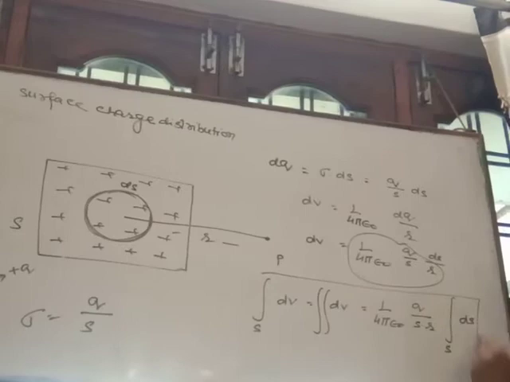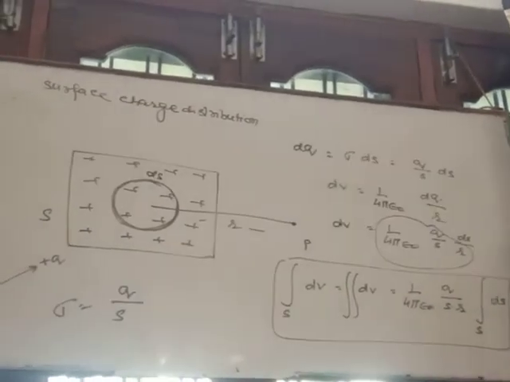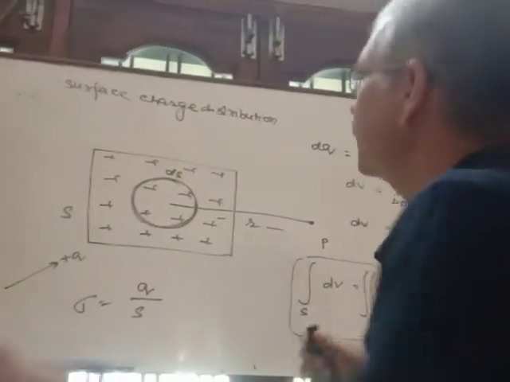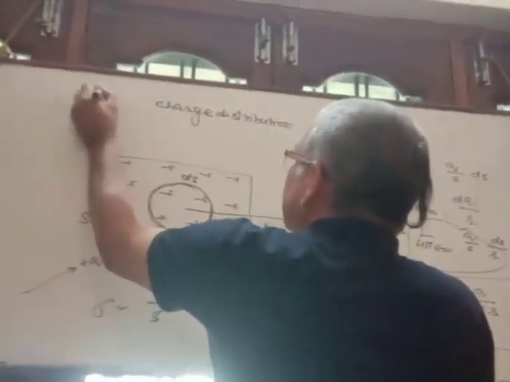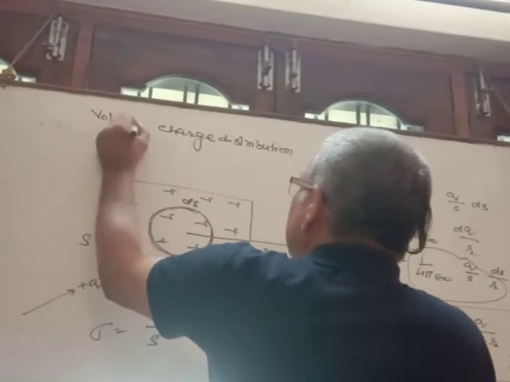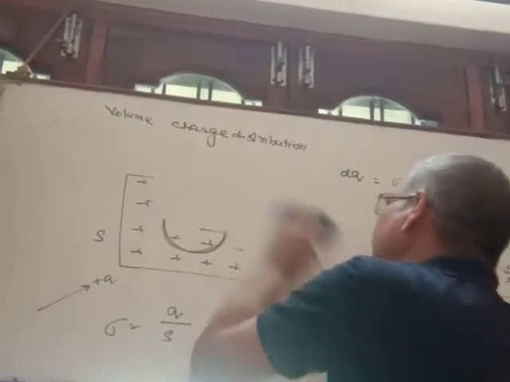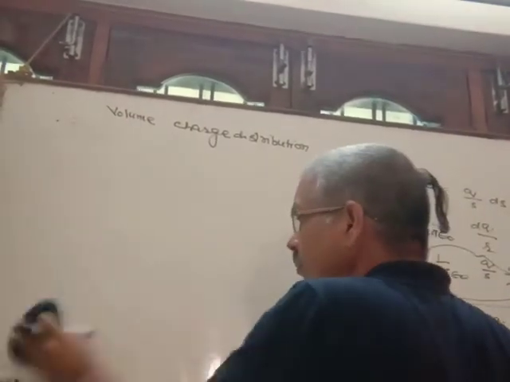So by this we can calculate the net potential. And the third case, volume charge distribution. It means when the given charge is distributed throughout the volume of a body.